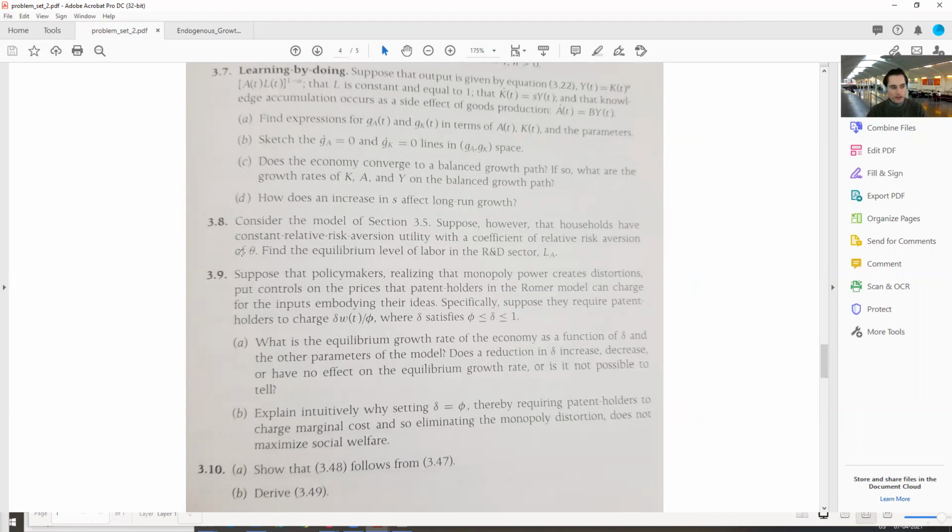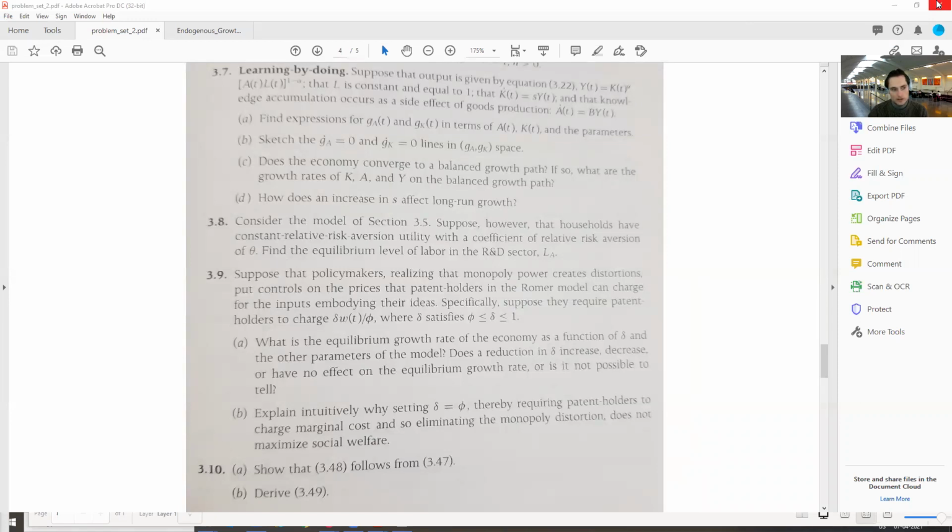Specifically, suppose they want the patent holders to charge delta W_t divided by phi. You may recall that in the model, the market decentralized version would be W_t divided by phi. So here the government is forcing you to charge less than the price you would charge if you could set your own price.